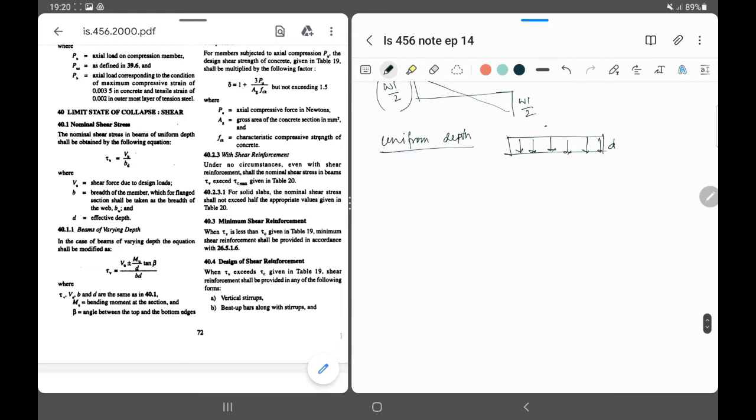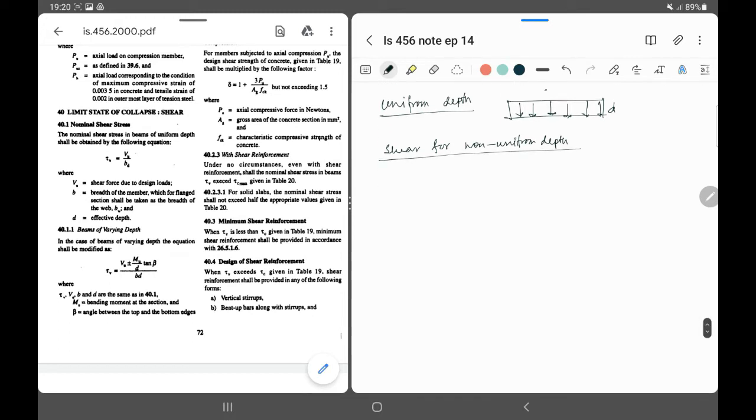So what happens for shear in a non-uniform depth? First let's understand what non-uniform depth is, where d is variable. Here d is constant. Here d is the variable. That means the diagram should be like this, where everywhere the value of d is changing.